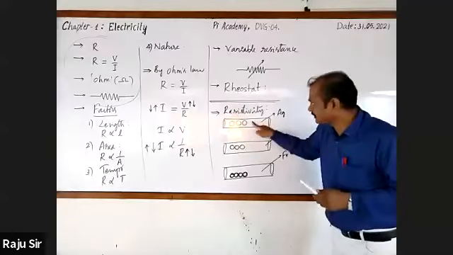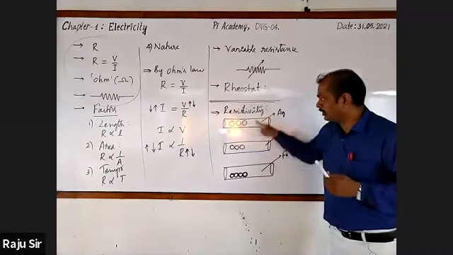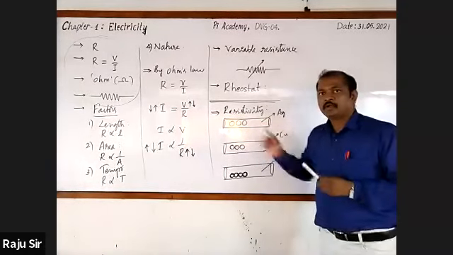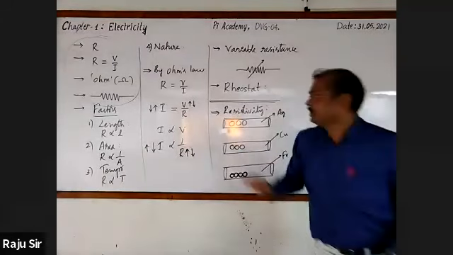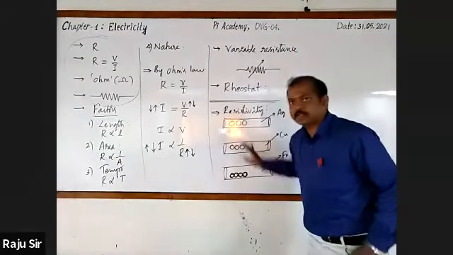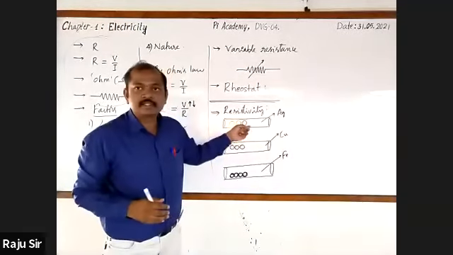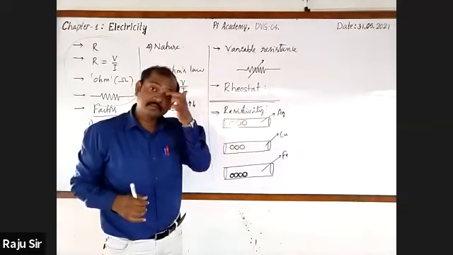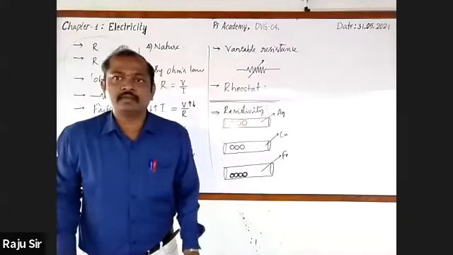So resistivity is different from one metal to another metal. Just by observing this figure, could you tell what is the factor on which this resistivity depends? Atoms. Why does each and every metal have its own resistivity?